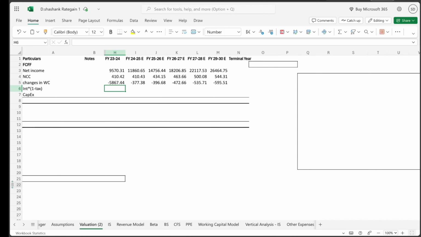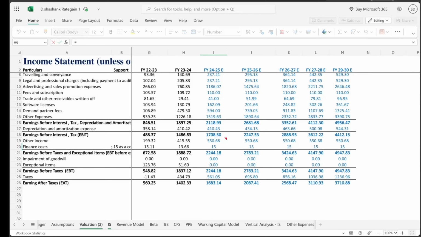This company is virtually debt free, so this number is very low. Where is interest? Interest into 1 minus tax, which is around 25%. We can say that roughly.